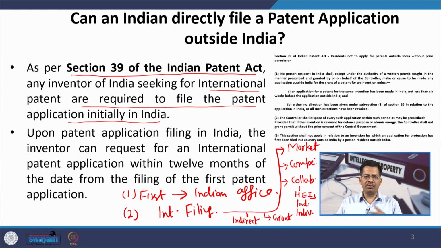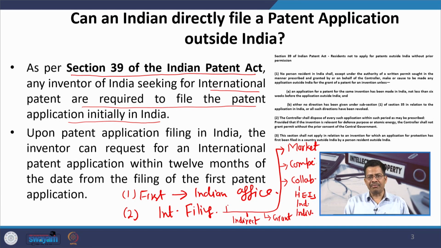Once you give the application in those countries, even if your IP is not granted there, you will indirectly prevent other competitors from patenting or creating IP for their inventions. So people sometimes use international filing indirectly as a strategic tool.